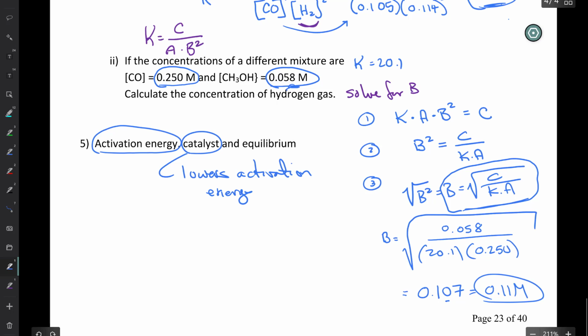By lowering the activation energy, it allows the reaction to run faster without increasing the temperature. Remember, the things that can affect the rate of the reaction are changing concentration, addition of a catalyst, and changing temperature. But if you don't want to change the temperature, what you have to do is lower the activation energy.